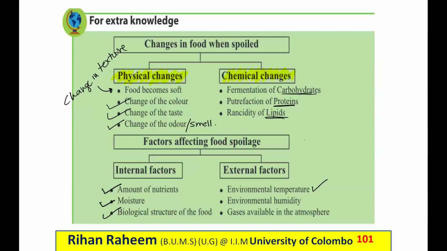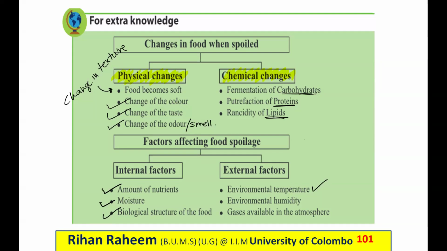Sometimes we boil and keep it. When your mother makes curry and in the evening you want to eat it, before eating they heat it, no? And the next day also they heat it. So when they continuously heat it, the microorganisms can't grow. So by changing the environmental temperature, we can increase and decrease the spoilage rate.